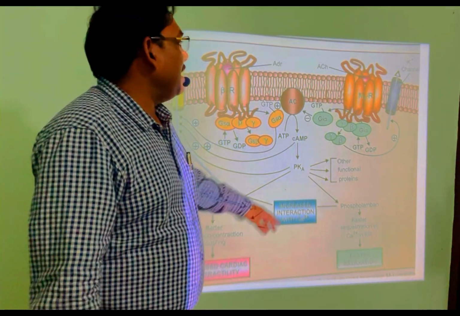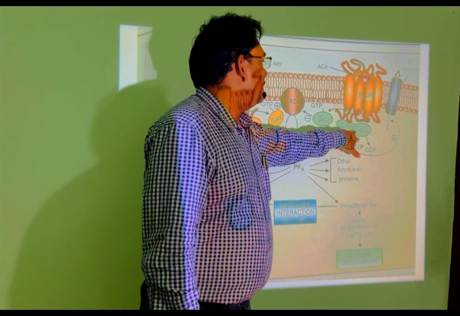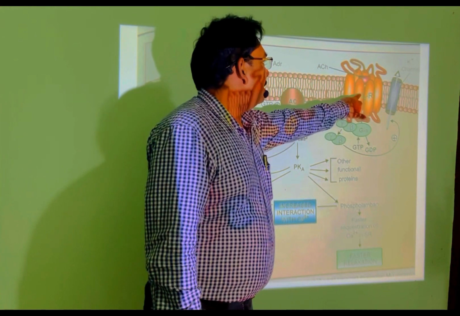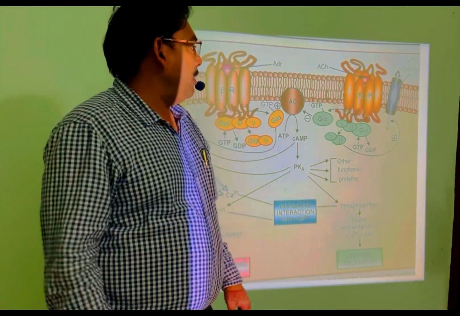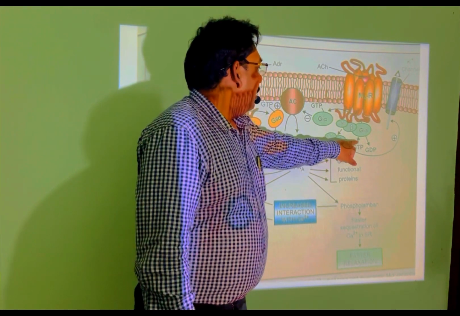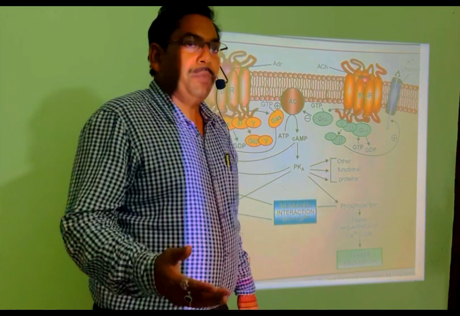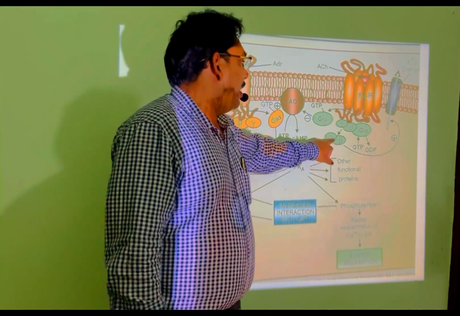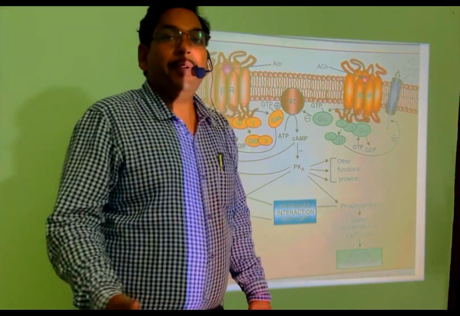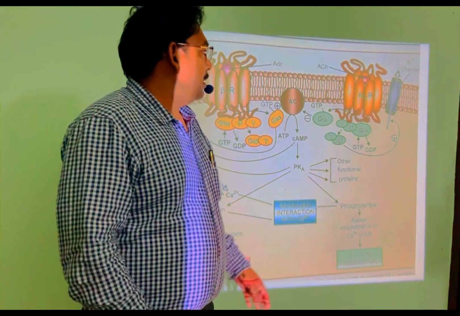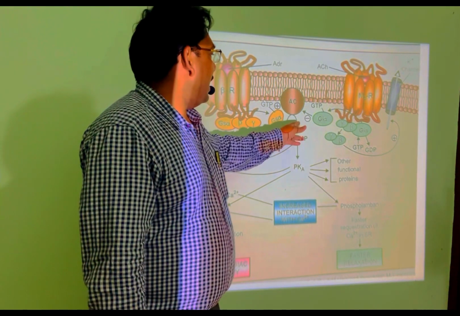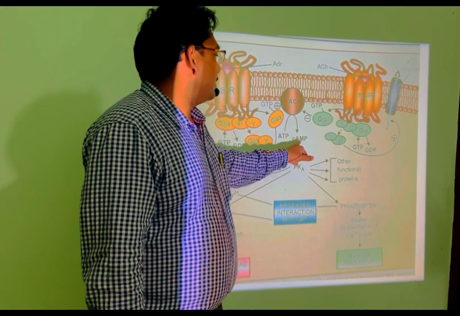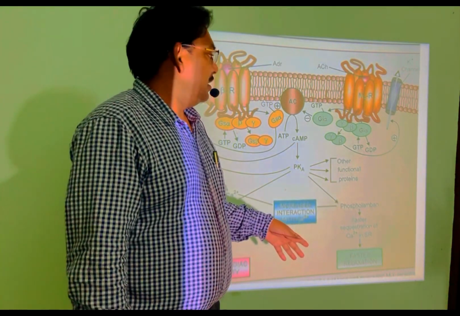And if it is the Gi receptor, meaning the M2 receptor, an inhibitory receptor, and acetylcholine binds to the receptor, then what will happen? After dissociation of alpha, beta and gamma, the beta-gamma influences the opening of the potassium channel. Due to influx of potassium ion, the inhibitory action occurs, and then cyclic AMP conversion is reduced, causing dephosphorylation.